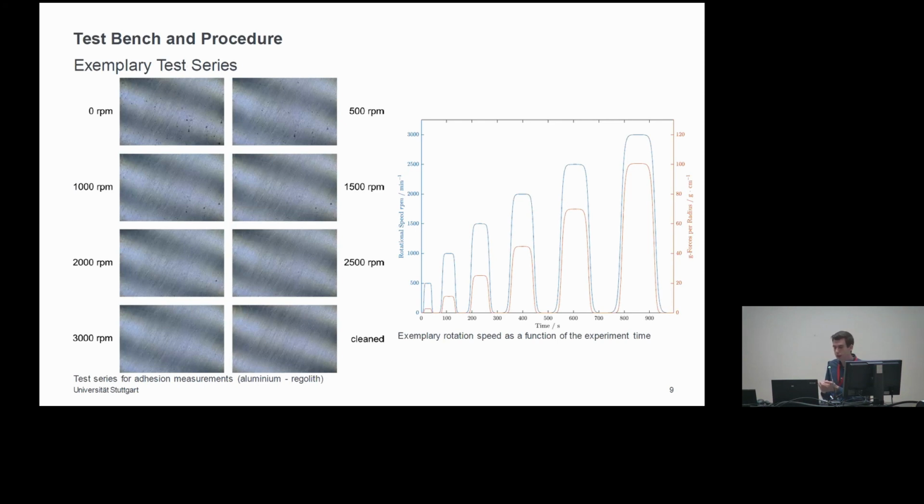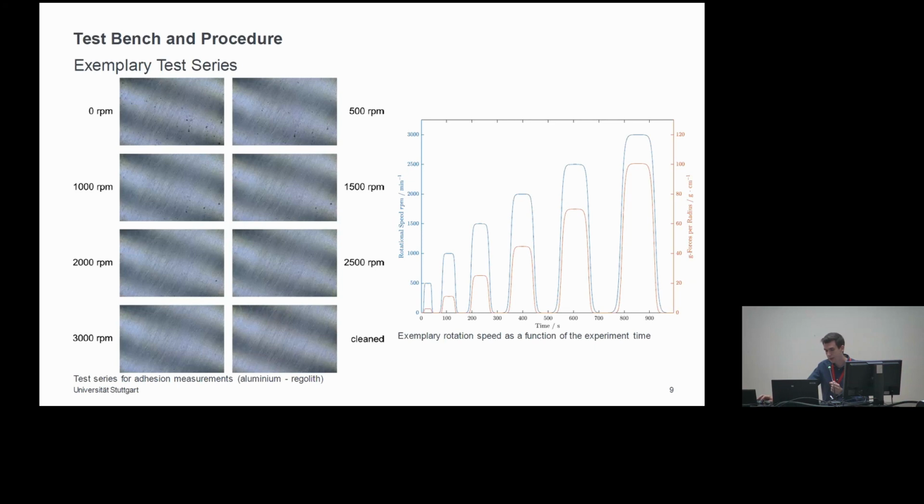Here we used an aluminum surface, polished it with 5000 grit sandpaper, and then spun it up in 500 RPM steps. You can see that at the beginning there are a lot of large particles, around 70 to 80 micrometers, and at the end there are only 10 to 20 micrometer particles on the surface.